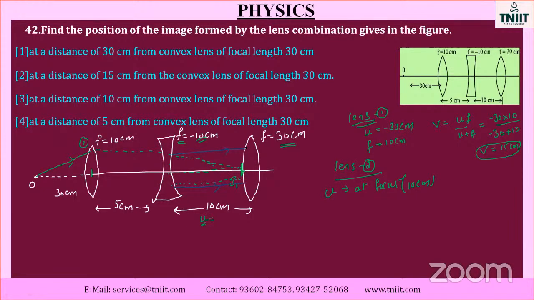If parallel rays are incident, then the rays will converge to one particular point. This is the principal focus of the convex lens. It is 30 centimeter.